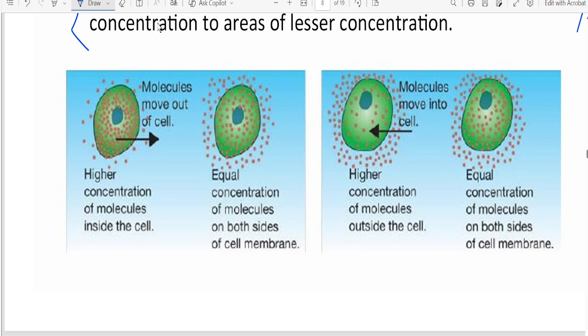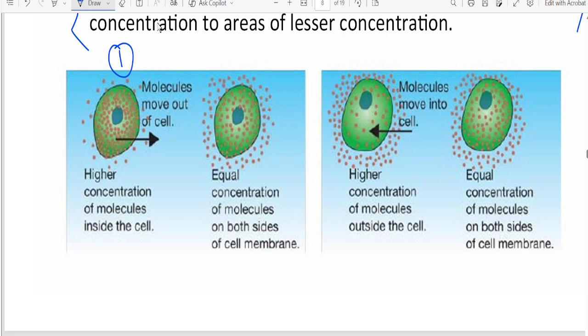These yellow dots are particles or molecules, and this green shape is the cell. Where is the concentration of these particles high, outside the cell or inside, in the first case? Inside the cell. So it should move from inside to outside, higher to lower.